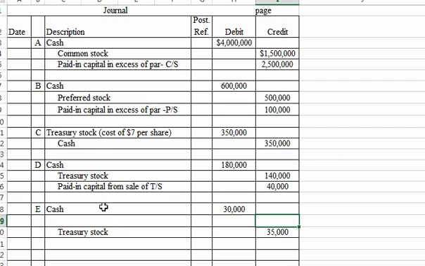Alright, so now what are we going to debit for the difference? What's happened? Paid in capital from treasury stock, our new stockholders' equity account, decreased because we sold the shares for less than we bought them for. We sold them for 6, we bought them for 7. So we need to decrease the stockholders' equity account paid in capital from sale of treasury stock.